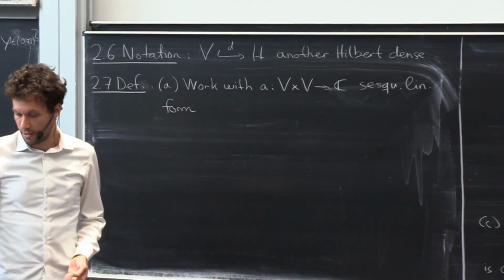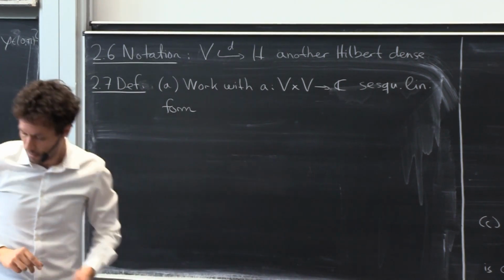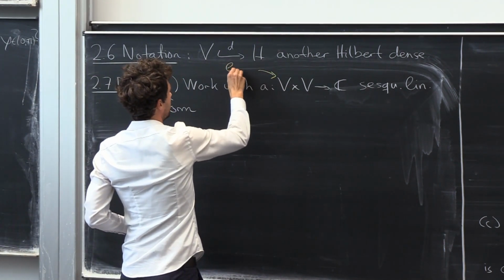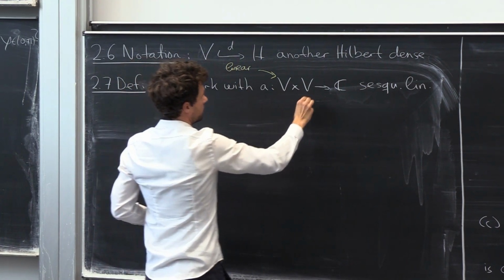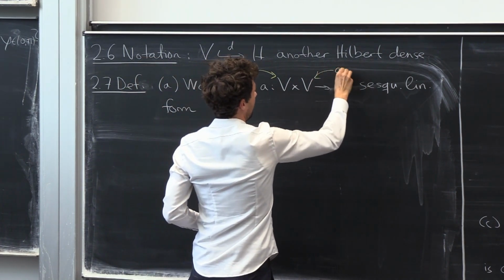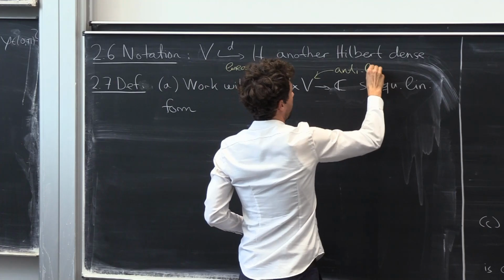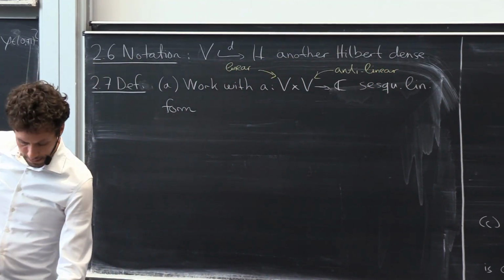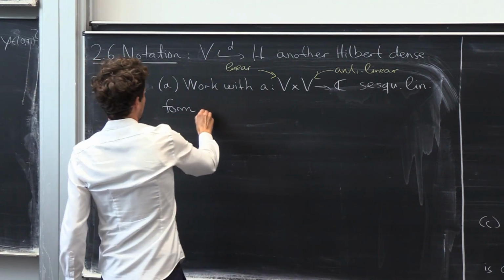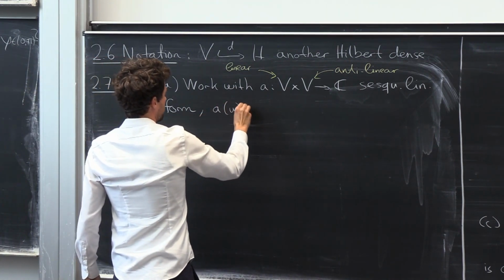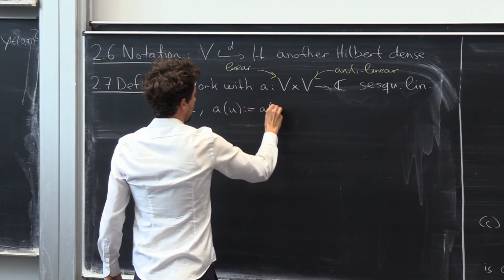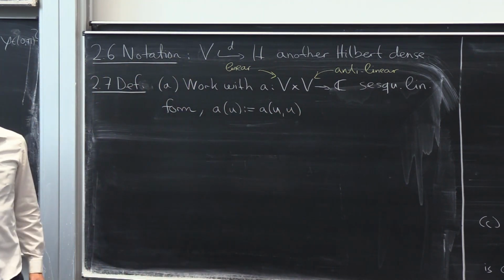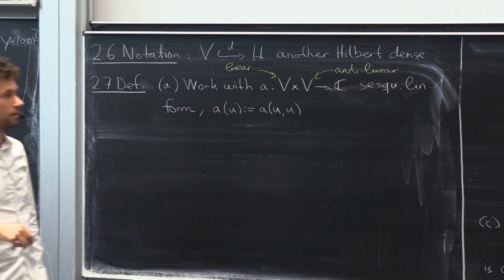Okay, and when I talk about sesquilinear forms, in all of the lectures, they're going to be linear in the first component, and they're going to be anti-linear or conjugate linear in the second component. And as a short notation, if I only put one argument in the form, what I mean is the associated quadratic form.